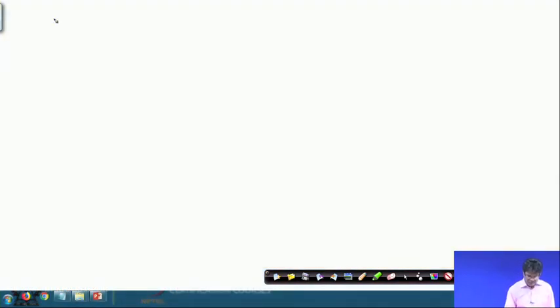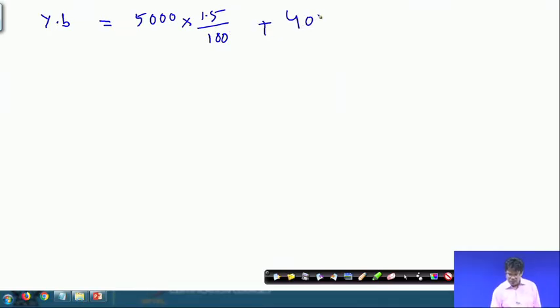So, your left hand side, Y into B. Your grain yield is 5 ton per hectare, that is 5000 kg, into grain nutrient content 1.5%, 1.5 by 100, plus your straw yield is 4 ton, that is 4000 kg, into straw nutrient content 0.8%.